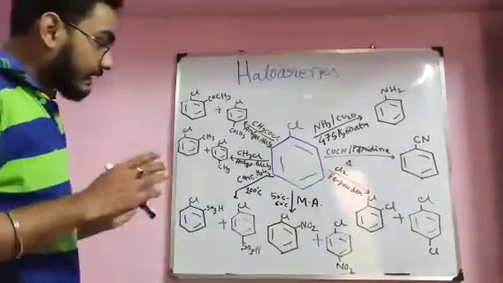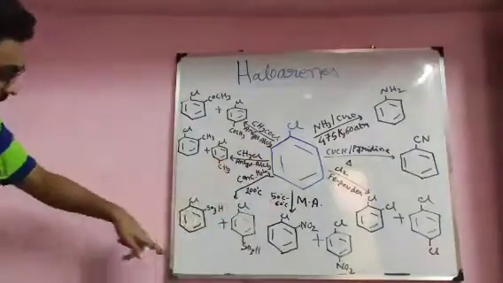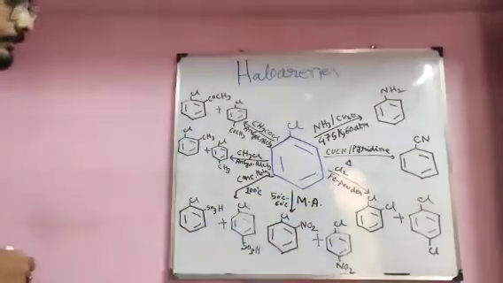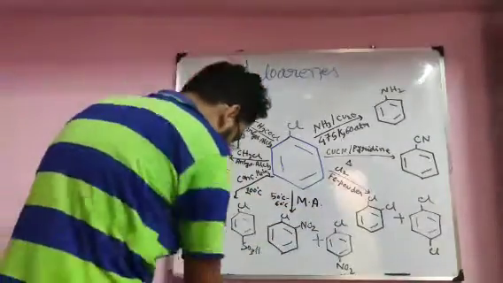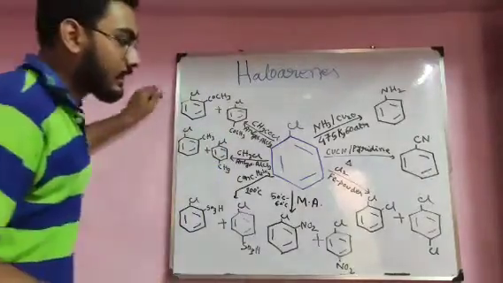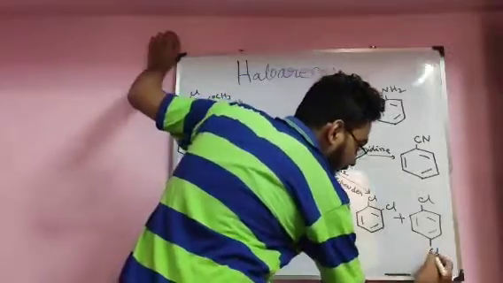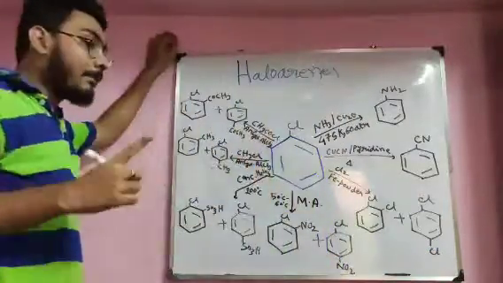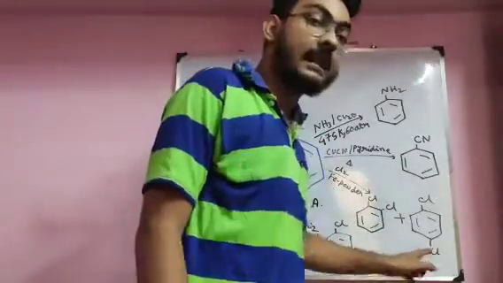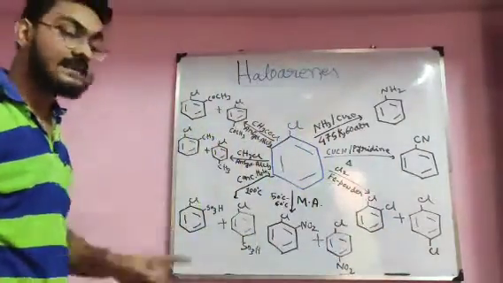Oh, sorry. In the formation of the product of this reaction, which will be the major product and which the minor product? The major product will be the one in para position. If the compound is present in para position, then this product is considered to be the major product.